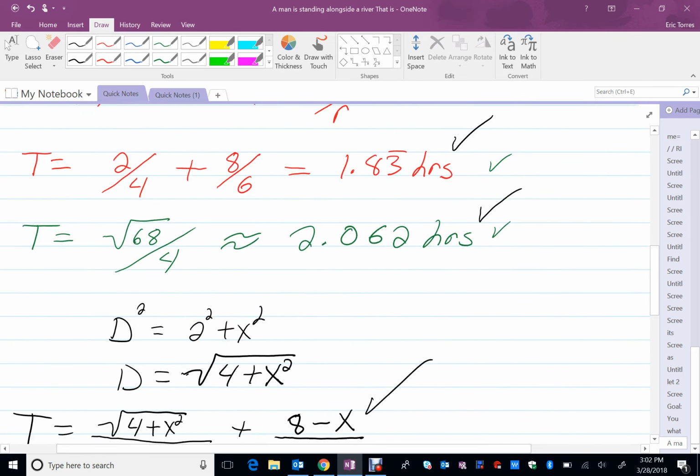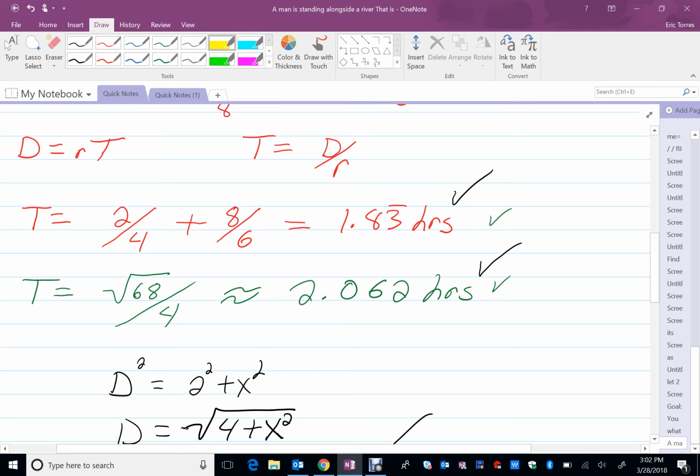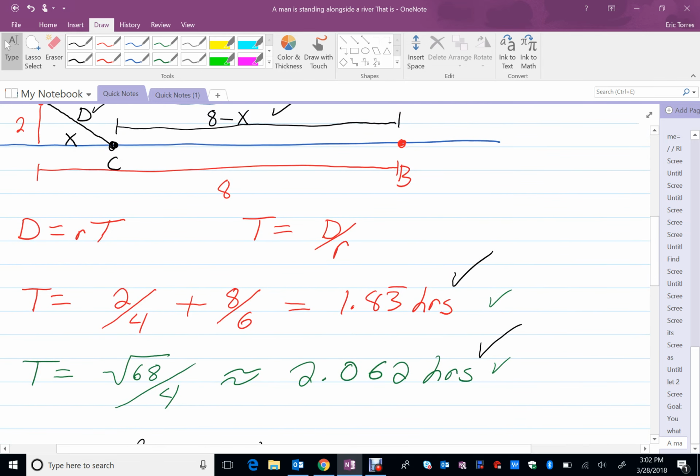and your domain. You might want to notice this part, x was, let's see, for the green equation, x equaled 0. We were going straight to the, x equaled 8 because we went straight to point B. On the red part, x equaled 0 because we went straight across and then ran.